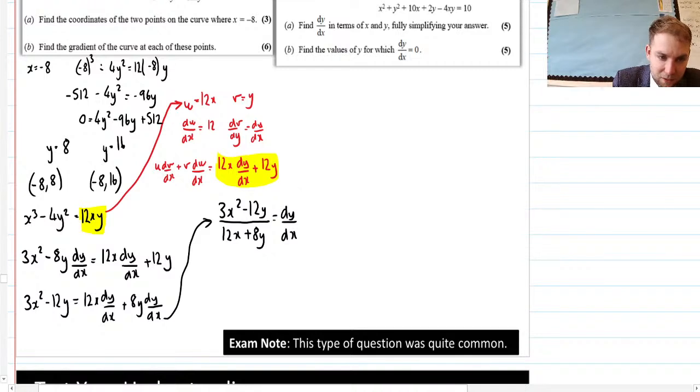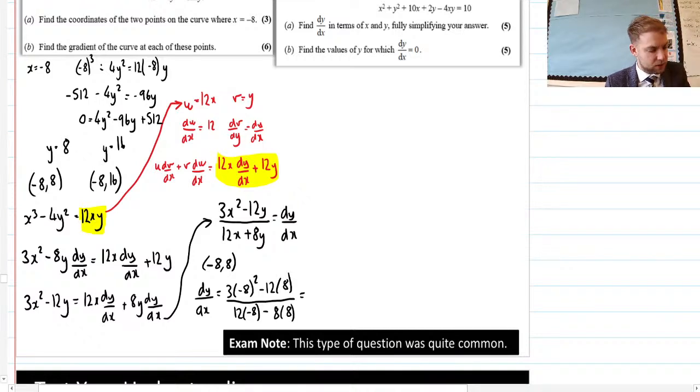So let's sub in for minus 8, 8 first of all. So dy by dx is equal to 3 times negative 8 all squared minus 12 times 8, all over 12 times minus 8 minus 8 times 8.